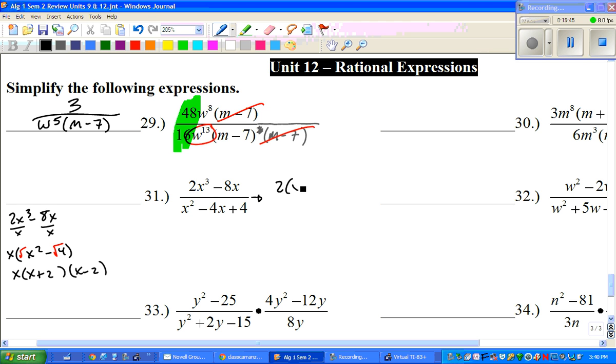So on the top is x plus 2, x minus 2. Now, we have to factor the x squared minus 4x plus 4. Break that down to negative 2x and negative 2x. And now by using any of the ways above, you need to know how to factor that, okay? It ends up being x minus 2 and x minus 2.